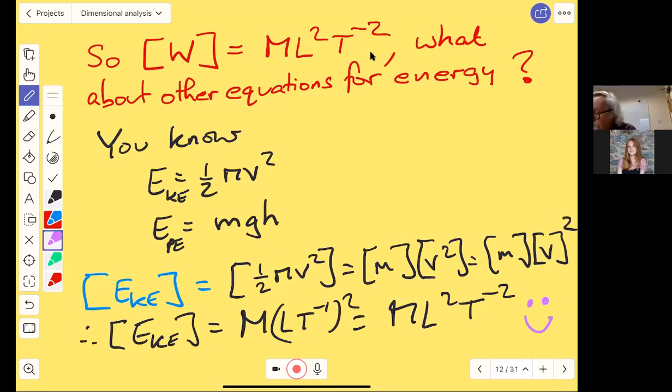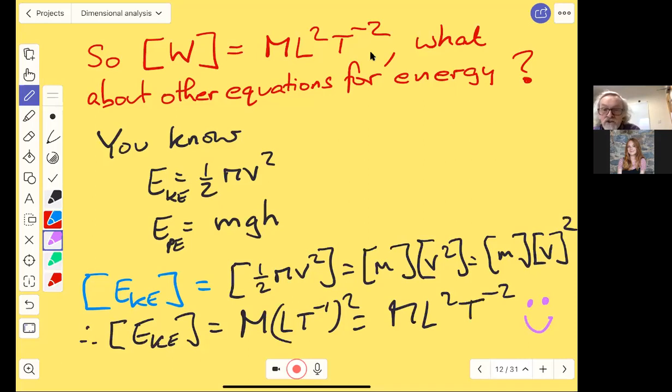So I'm completely happy with that. The expression for kinetic energy has the same dimensions as the expression we got for work, and any expression for energy must have it. For example, I'm not going to be talking about special relativity today, but the famous equation is E equals mc squared.